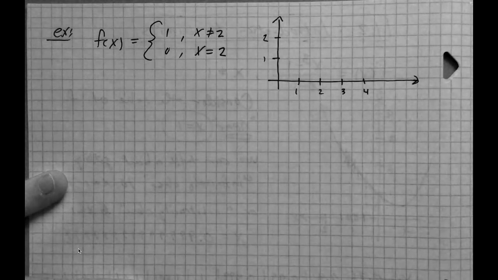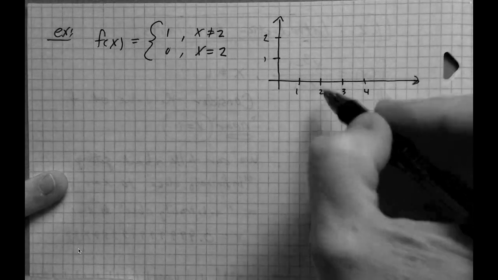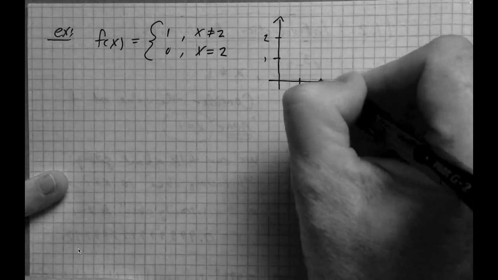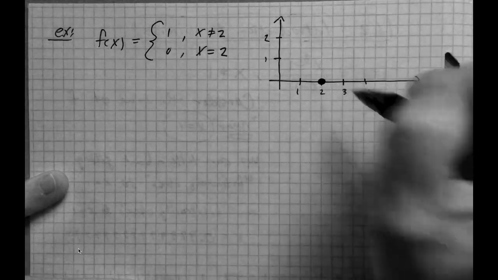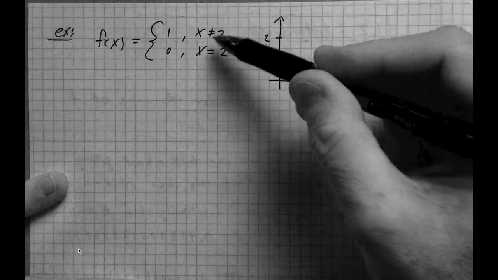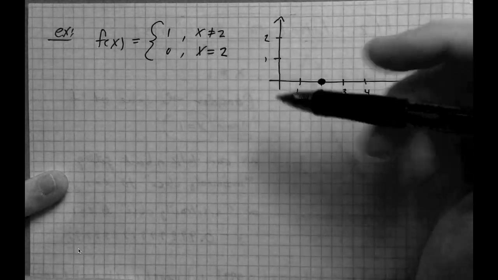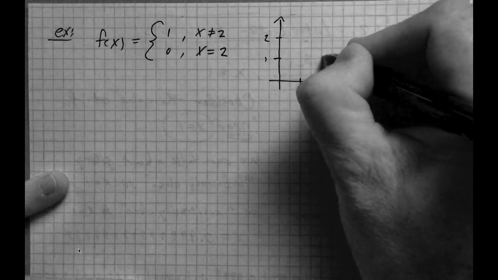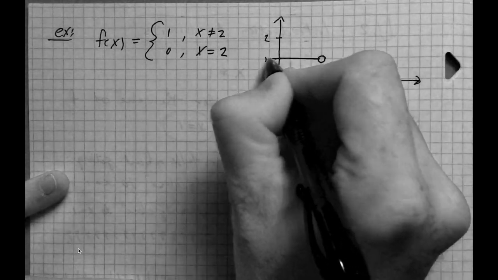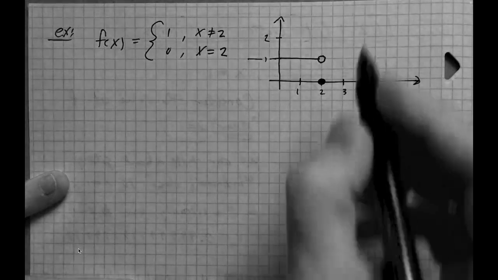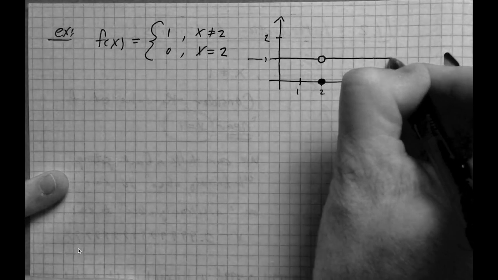So whenever x is equal to 2, the value of the function is 0. Okay, and just at that one point, and then the upper piece of it is everything else. So whenever x is not equal to 2, the value of the function is 1. So the function looks like this. Of course, it goes into the negative x direction.